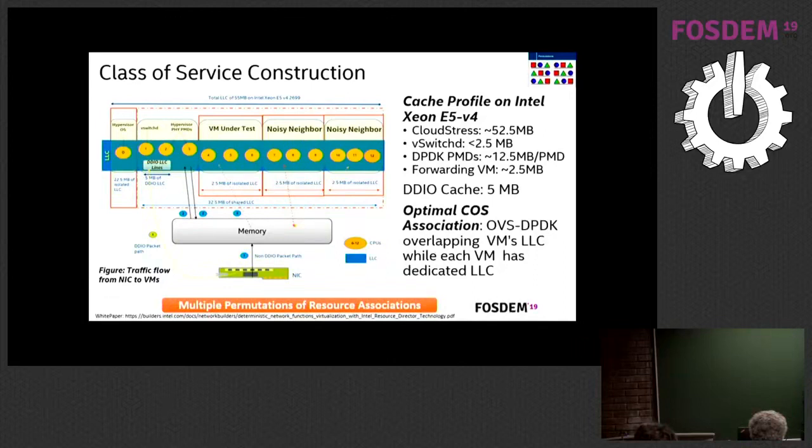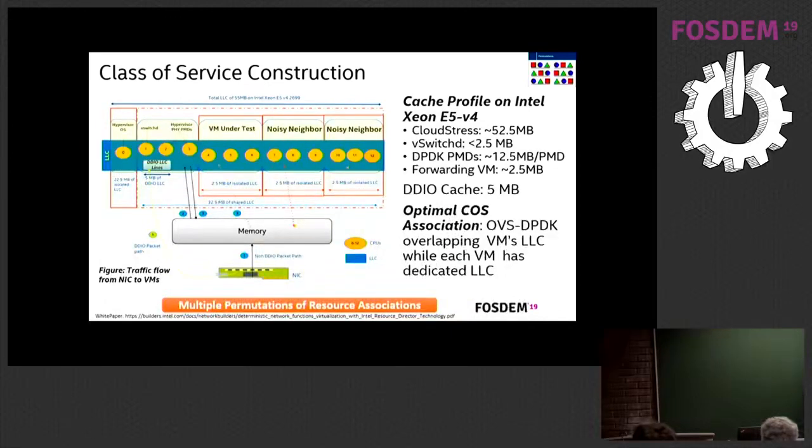Each platform has a minimum segment that you can divide the cache into. It's called a cacheway. In this platform generation, about 2.5 MB is the least that you can associate a cache to an application. So each of these VMs gets 2.5 MB.